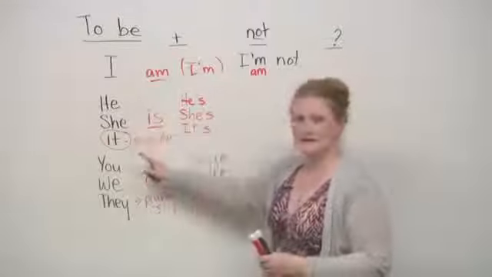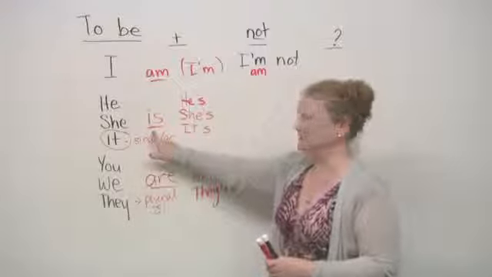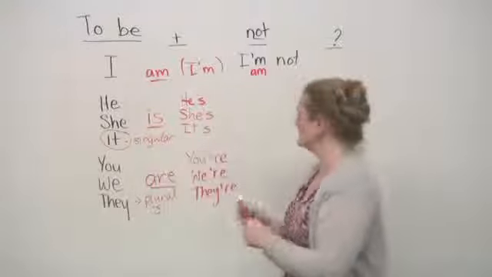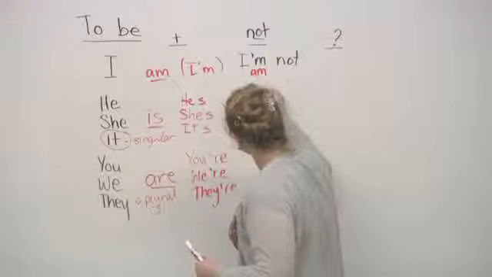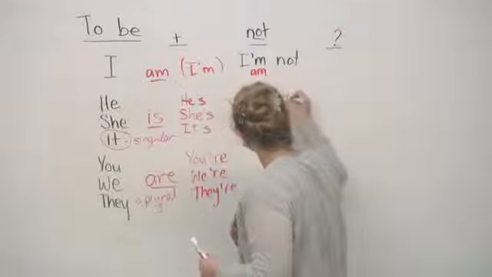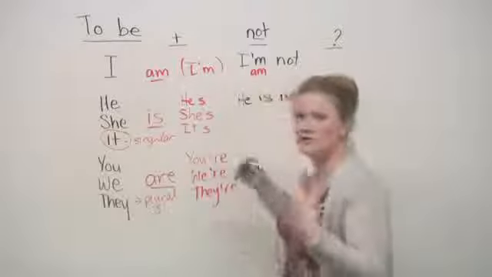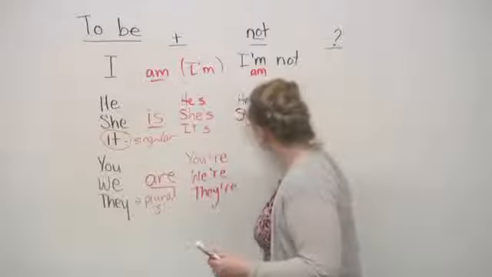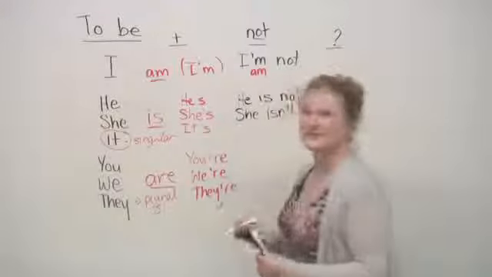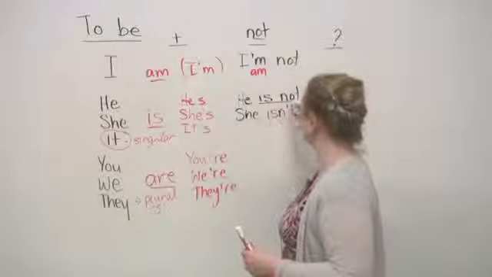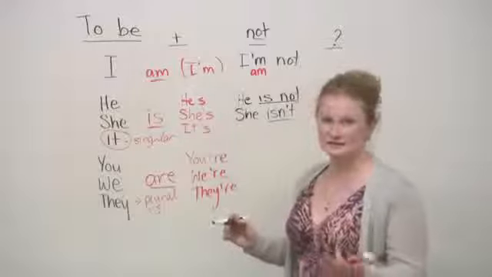For he, she, and it, all we're doing is adding not with is. So I'm going to write he is not. Or you can say, she isn't. These two are exactly the same.